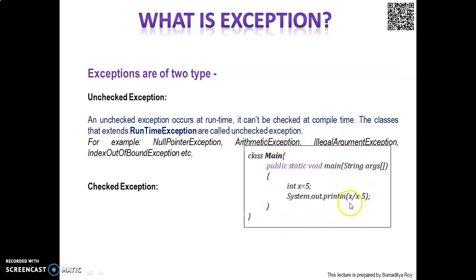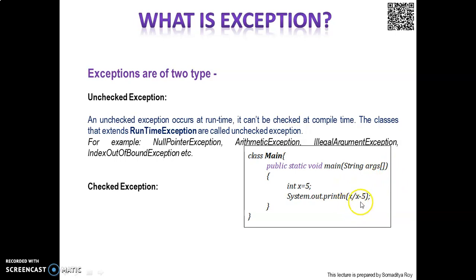Now if javac is satisfied with the code, it will create the bytecode. Now at the time of execution or runtime, when Java deals with that bytecode, at this line Java first assigns x in memory and assigns value 5 to that memory.